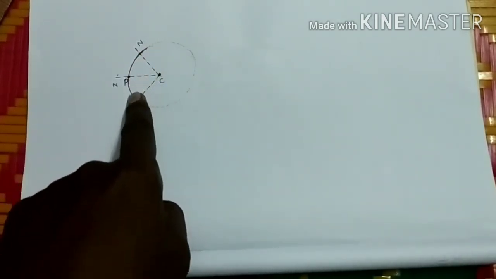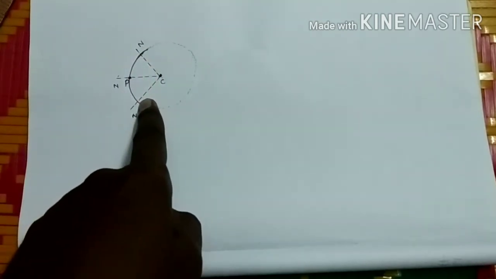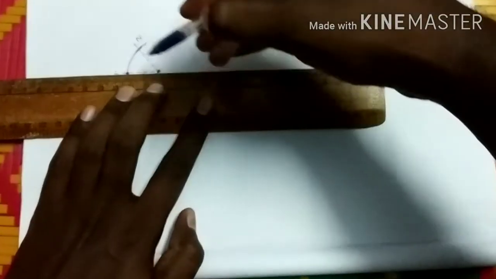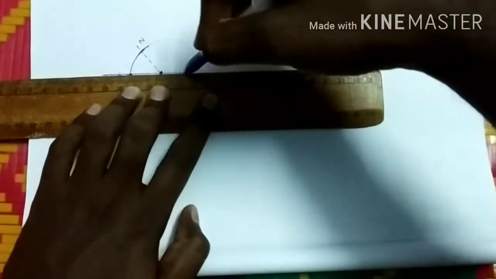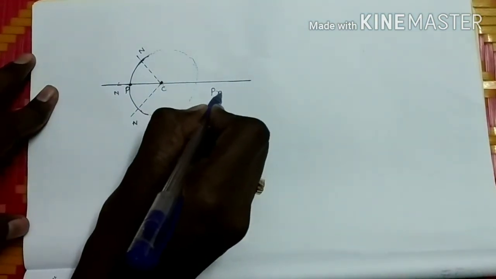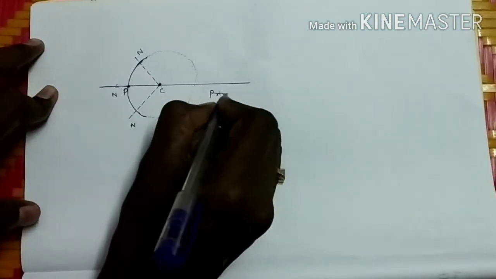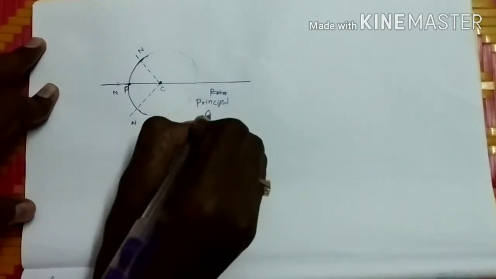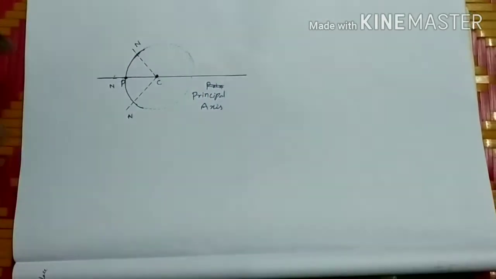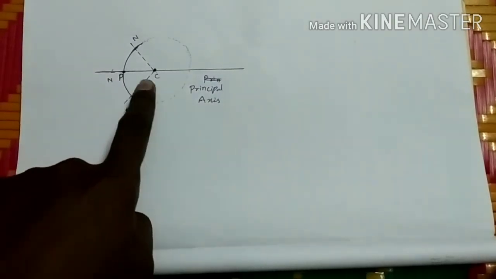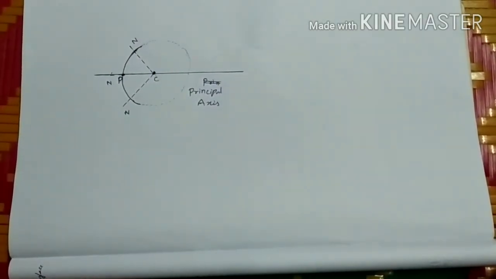The center of the curved surface, here I am taking only this curved surface, not the sphere. The center of the curved surface is called a pole. And then the line joining this pole and the center of curvature, that we call the principal axis.